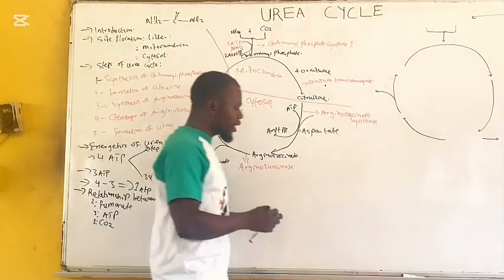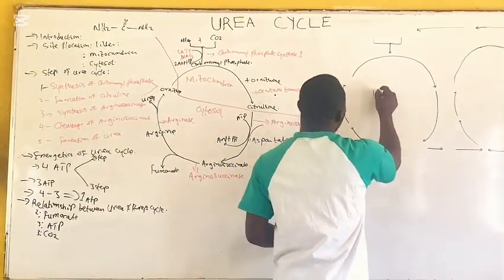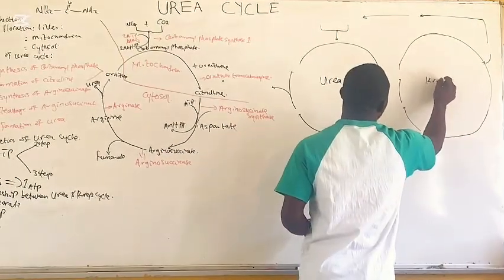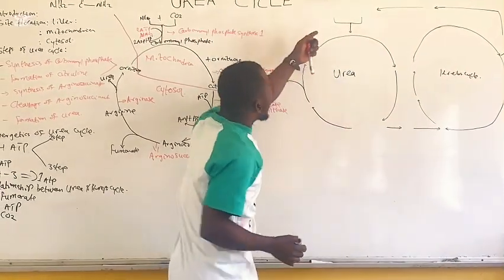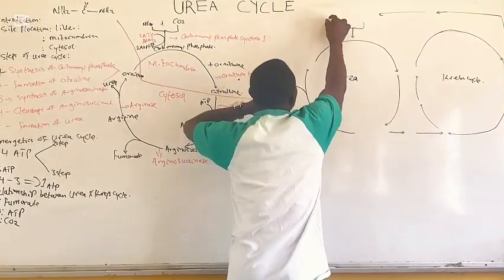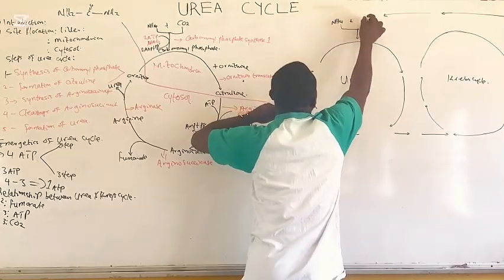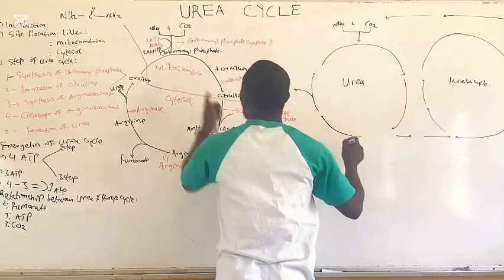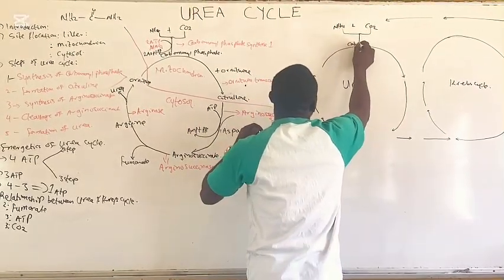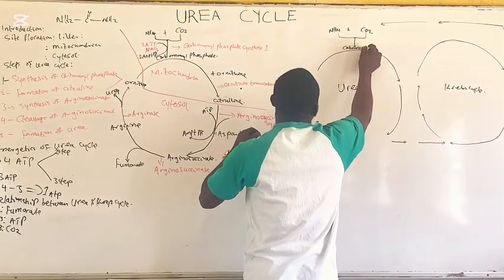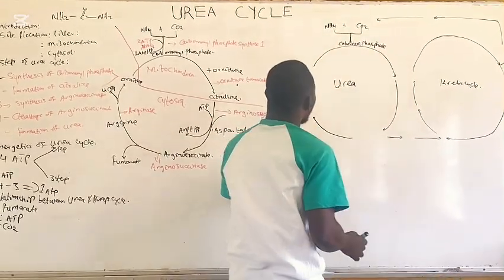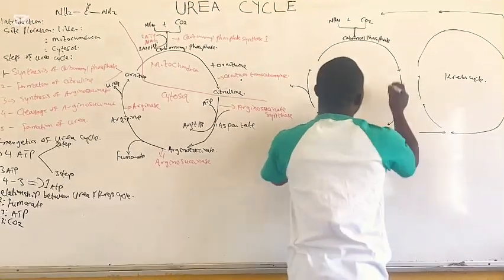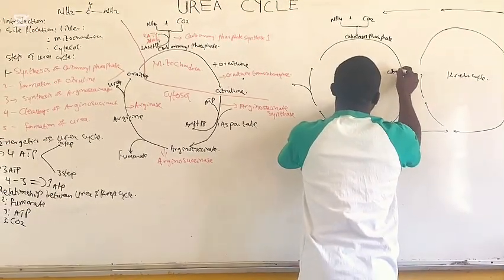Now, coming to this diagram, the urea cycle and Krebs cycle. Now, from here, in the urea cycle, ammonium ion plus carbon dioxide will give us carbamoyl phosphate. The carbamoyl phosphate combines with ornithine to give us citrulline.